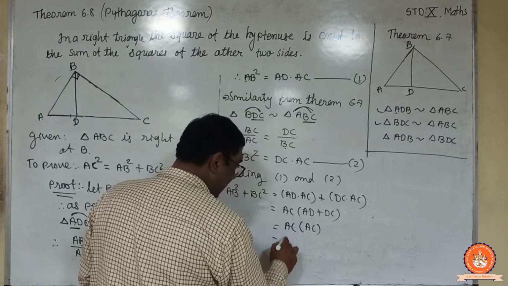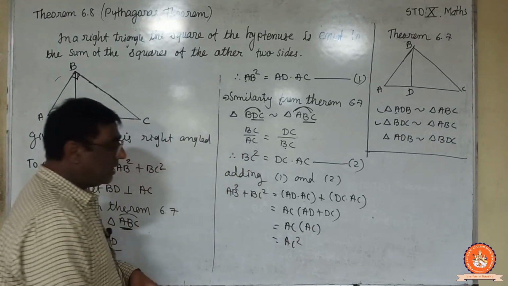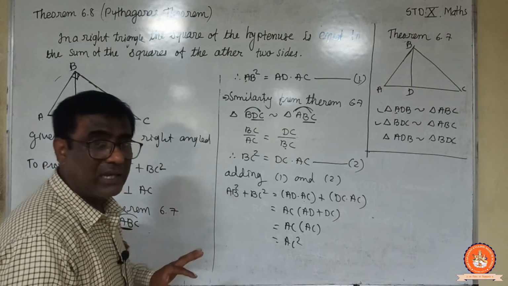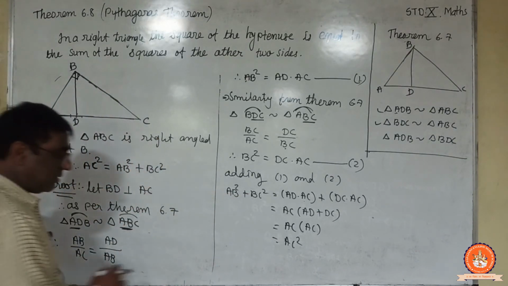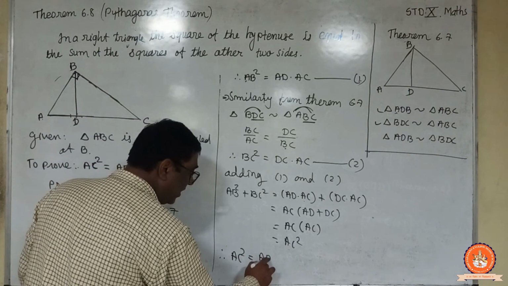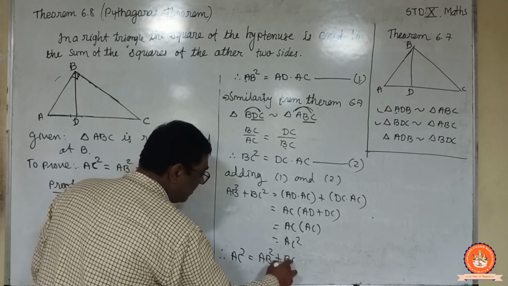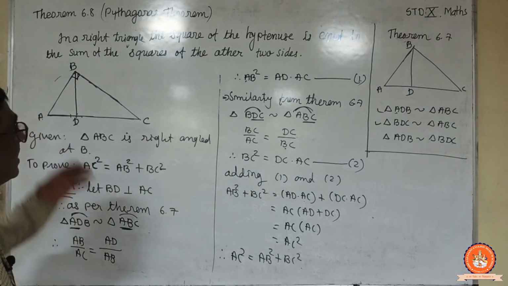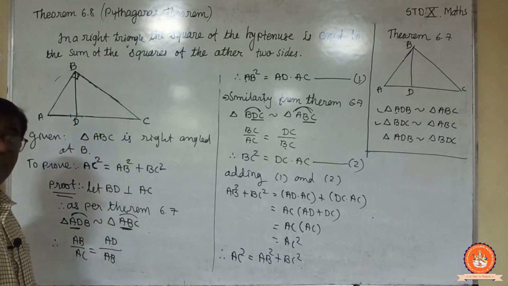AC into AC, that is AC square. Now look at it. AB square plus BC square is AC square. It is proven. So therefore we can write AC square is equal to AB square plus BC square. Okay, so this is how we can prove this Pythagoras theorem. Very popular. Okay.